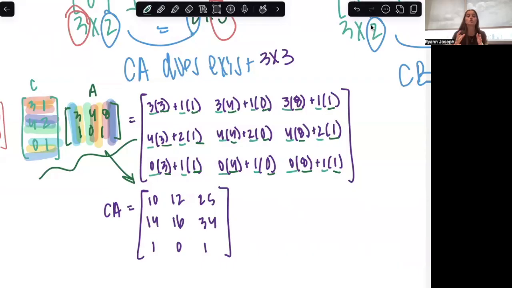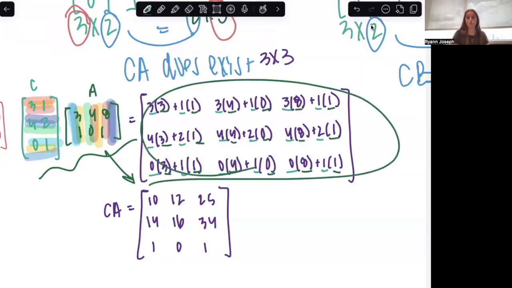In this class, you are doing so many things by hand that you want to maximize the amount of points you're going to get for knowing how to do those things by hand, not being docked for messing up an addition here and there and making those silly mistakes. So I really implore you to write down every single step you're taking so that if you do potentially make a mistake, which you're going to, this class has so many problems, so many things, you still get credit for the fact that you understood how to do the matrix multiplication, even if you made a small mistake somewhere.